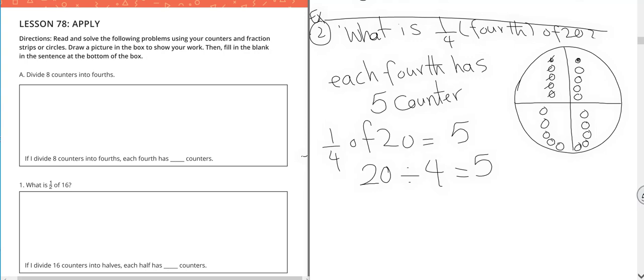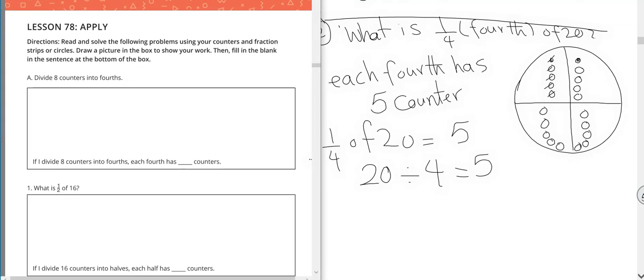One whole equals how many fourths? 4 fourths. So if we have one whole divided into 4 fourths, how many counters do we have? 8. 1, 2, 3, 4, 5, 6, 7, 8.